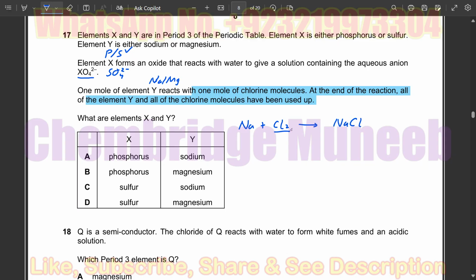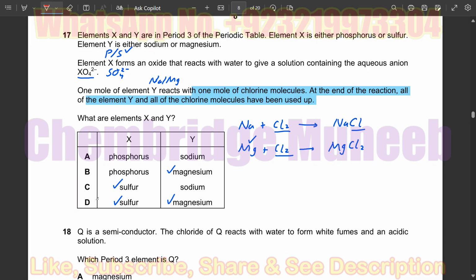But here you can see that the two atoms of chlorine are not completely used during the formation of NaCl. There is one atom over here, so it is not completely used. But if we use magnesium to react with chlorine, it gives us MgCl2, since the oxidation number of Mg is plus 2. So both atoms of chlorine are used here, so chlorine is completely used during the reaction. That's why it must be magnesium. So sulfur is the right option for X and magnesium is the right option for Y. So the correct option becomes option D.